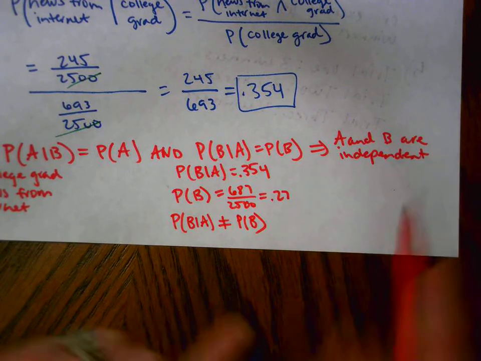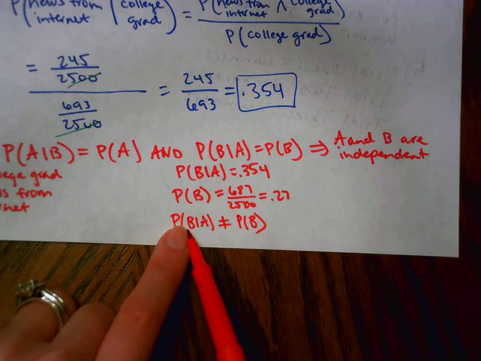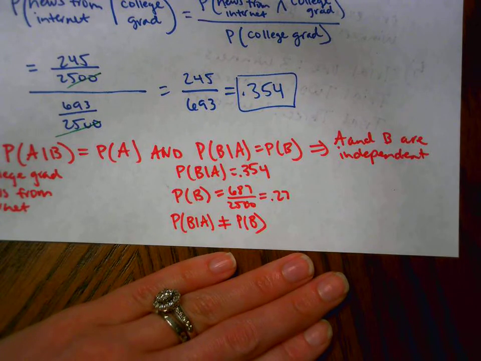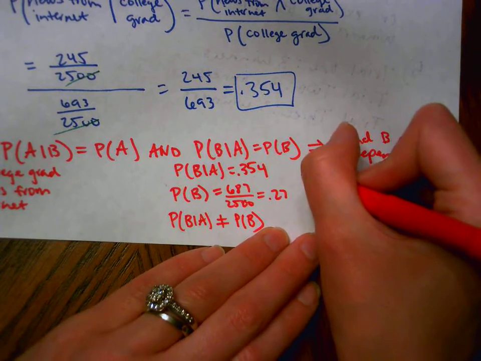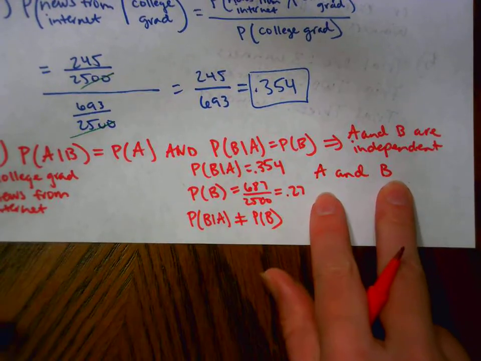So we'll say why: because knowing one changed the probability of the other. You don't have to write that out. Your math is sufficient. But we'll say A and B, and I can use A and B because I defined them.